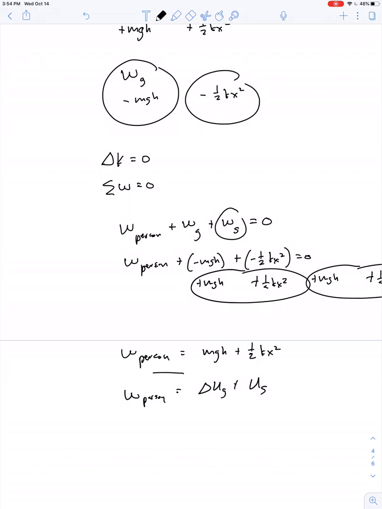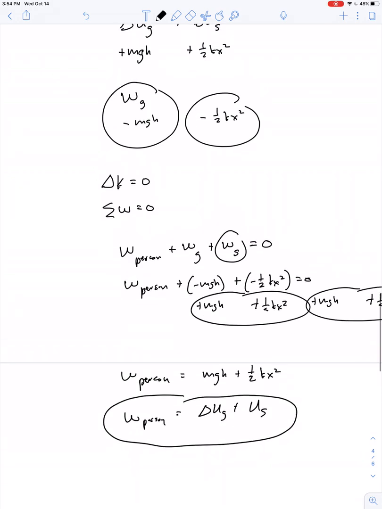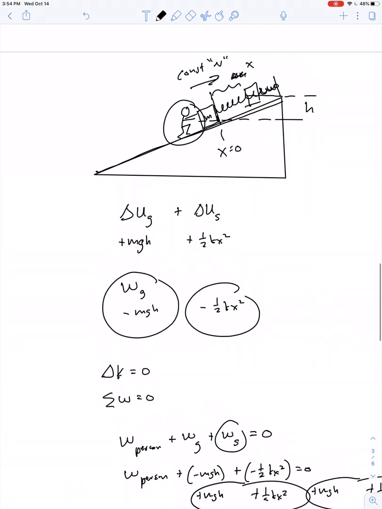And so the work done by the person is entirely an effort to increase the potential energy of the system.